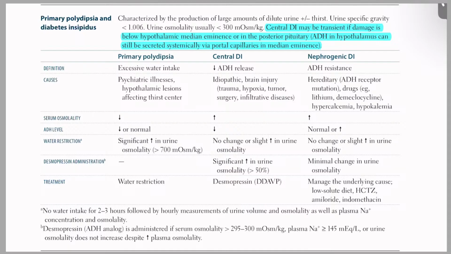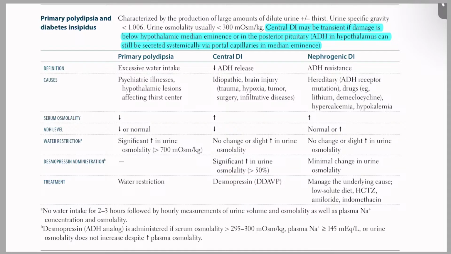Serum osmolality decreases. Yes, it makes sense because we are consuming more water, and we have read in the earlier sessions how sodium gets lost from the body, so that is most likely the reason for less osmolality. ADH level decreased or normal.